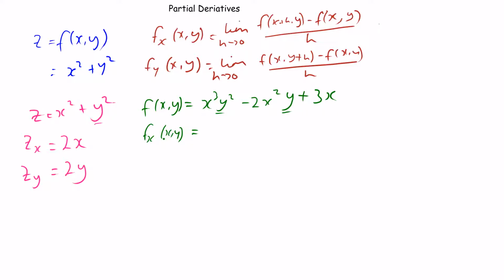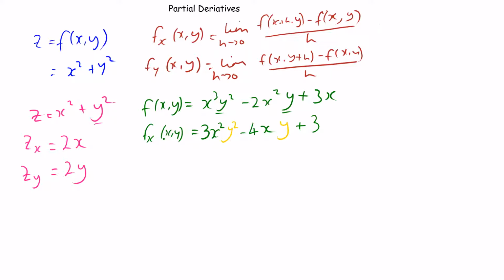So that will give us the derivative of x cubed, 3x squared, and then we multiply by a constant, which is y squared. And then again, take the derivative of 2x squared, which is 4x, multiplied by a constant, and then the derivative of 3x, which is 3.